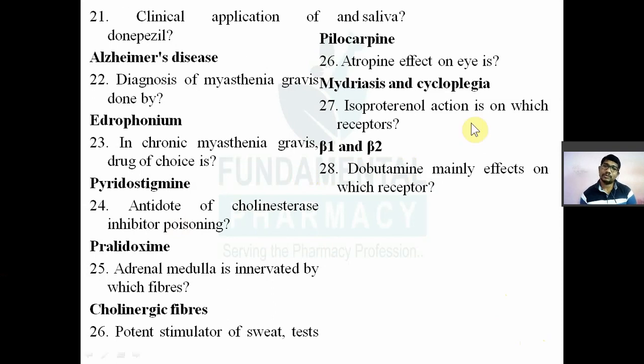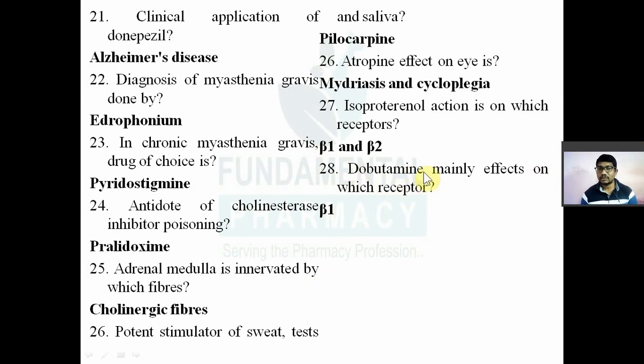Dobutamine mainly affects which receptor? So dobutamine acts on which receptor? It will act selectively on the beta receptor, that is the beta 1 receptor. Dobutamine will act on the beta 1 receptor. It has a very similar structure to adrenaline and noradrenaline, because dobutamine is a derivative of dopamine.